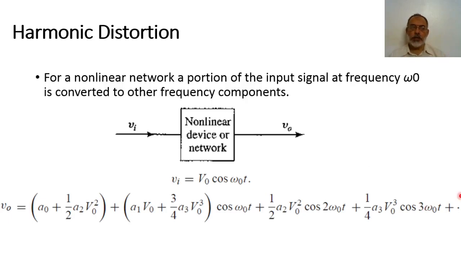So in general, the nonlinear device generates higher order harmonics of the input signal. For the case of an amplifier, these higher order harmonics represent a disadvantage. However, for other applications like a frequency multiplier, these higher order harmonic terms represent the main item, or the required signal from the frequency multiplier.